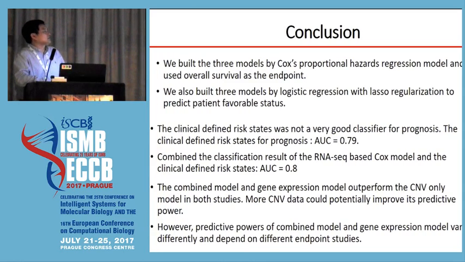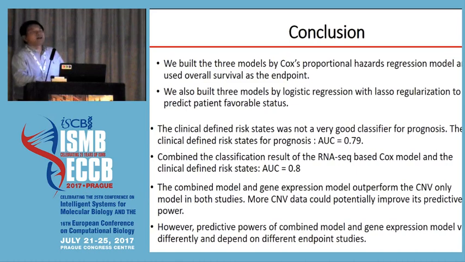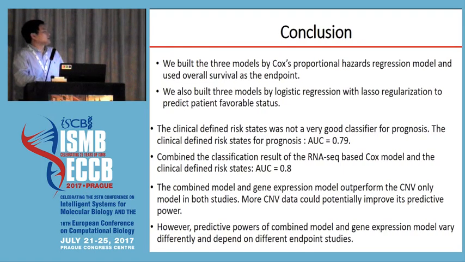But combining the RNA-seq data with the clinically defined risk status, the AUC can reach around 80% for the combined model, and the gene expression model obviously outperforms the CNV only models in both studies. Therefore, we believe that with more CNV data, the prediction power could potentially be improved.